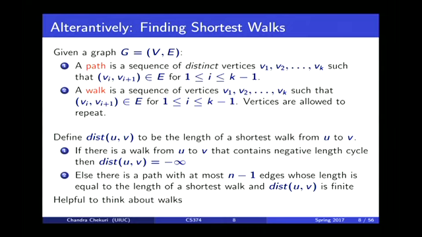If there is no negative length cycle, then the shortest walk length is finite and well defined. Because if I take any walk and it has a cycle whose length is not negative, I can take it out and get a shorter walk. So either the shortest walk from S to T is minus infinity, which happens when there is a negative length cycle, or it is finite and well defined.